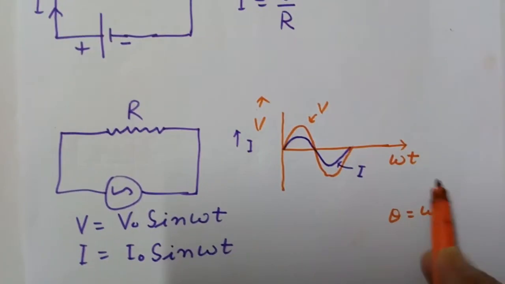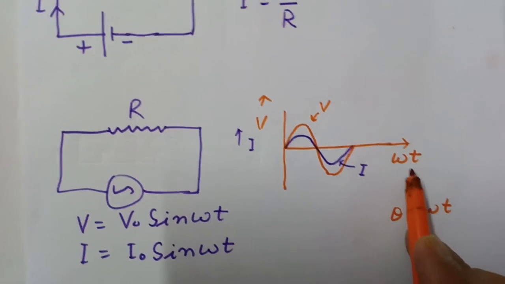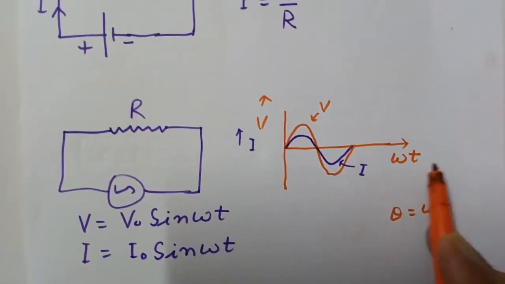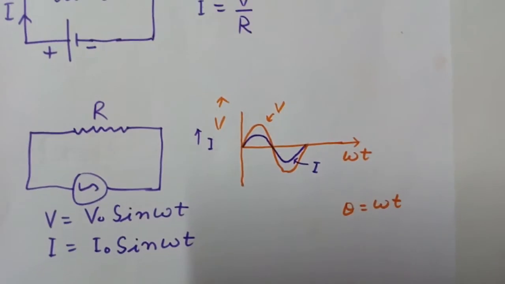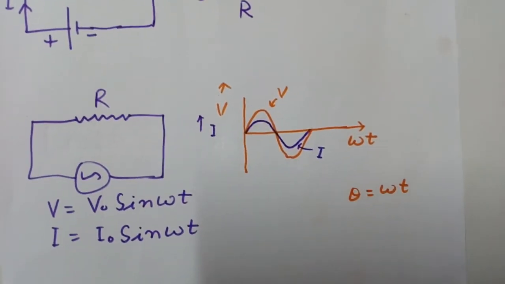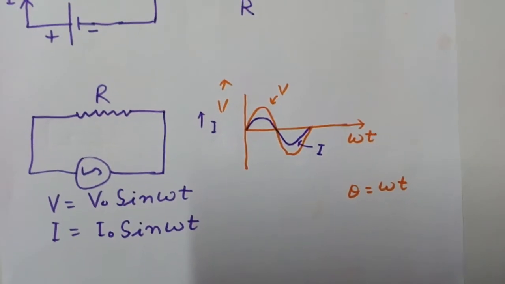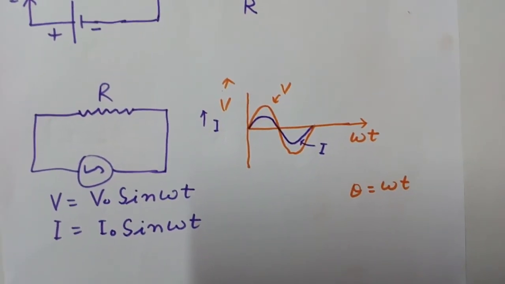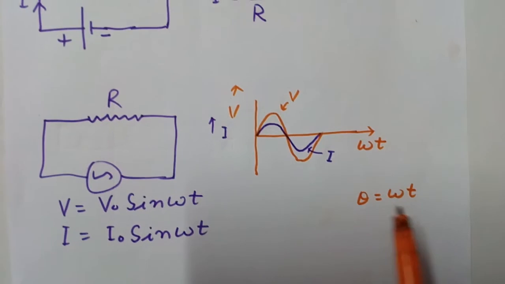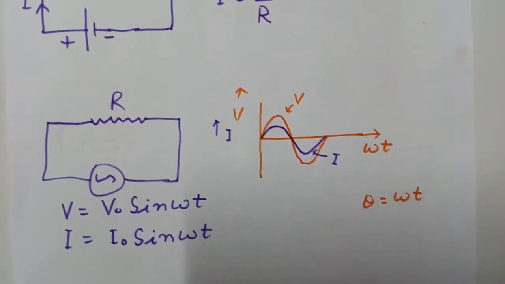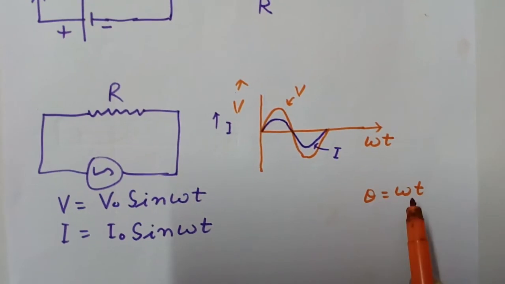If angular frequency is omega and time is t, then this angle is given by omega into t, because we know that angular velocity or angular frequency omega is equal to angle upon time. If in time t the coil rotates through angle theta, then omega is equal to theta upon t, or theta is equal to omega into t.